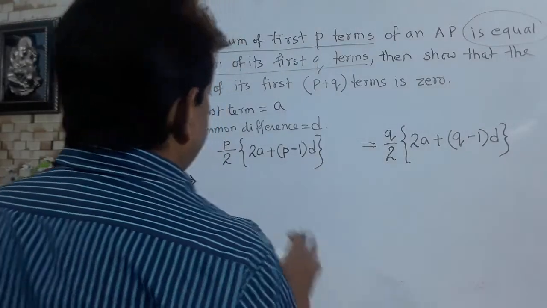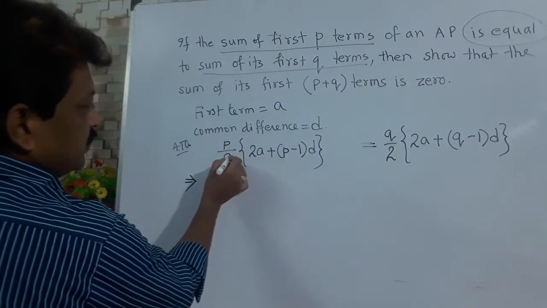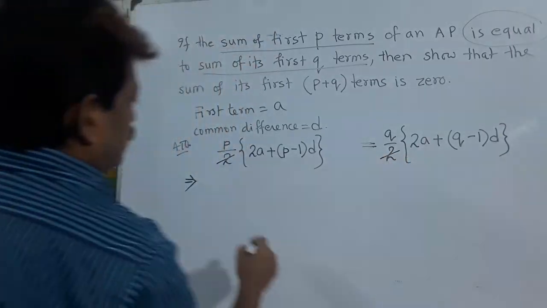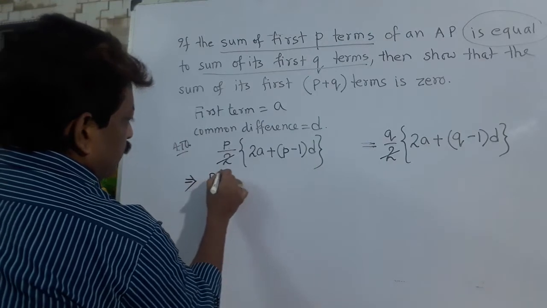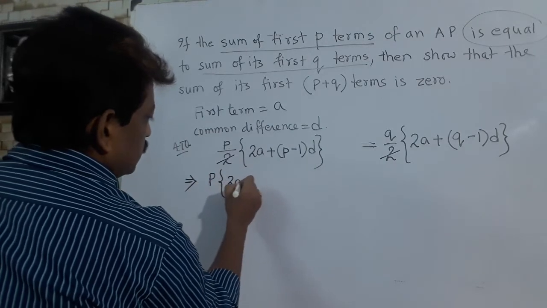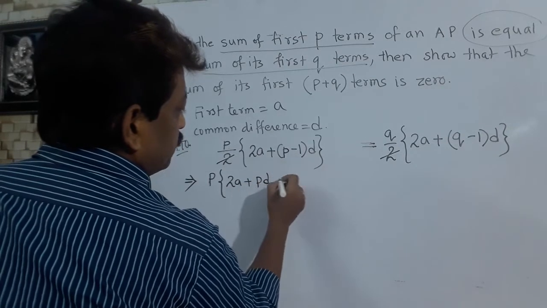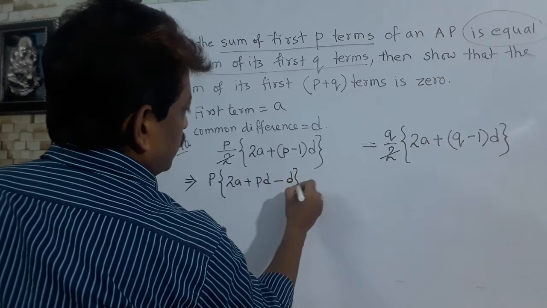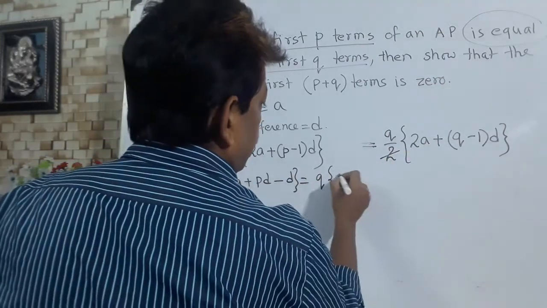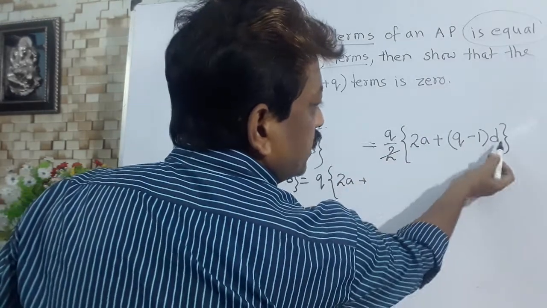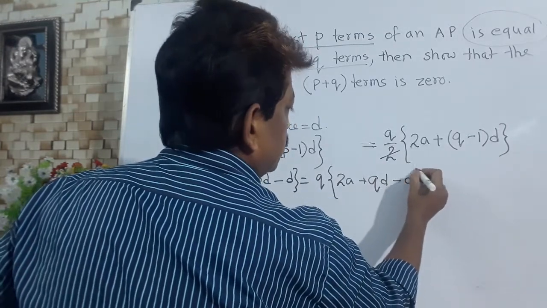Now let me simplify the whole thing, but before that I can cancel these 2 from both sides. So p multiplied with 2a plus p multiplied with d is pd, minus 1 multiplied with d is minus d, equals q multiplied with 2a plus q multiplied with d is qd, minus 1 multiplied with d is d.